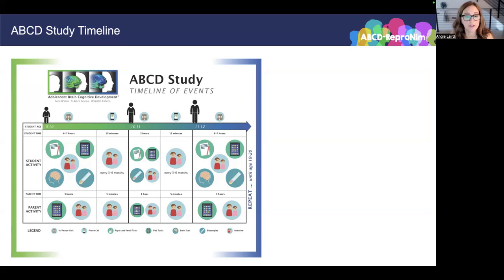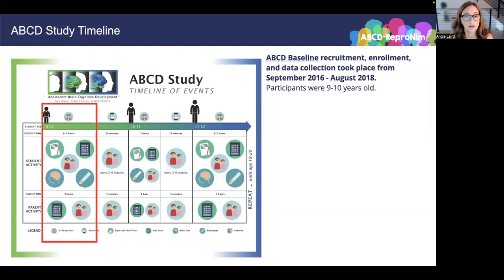The baseline visit was a long in-person visit indicated by the little building there that lasted 6 to 7 hours and included a neuroimaging session along with multiple other types of assessments from both the youth and their parents. Enrollment occurred on a rolling basis over those first 2 years, and once enrolled, participants would then participate in follow-up assessments.